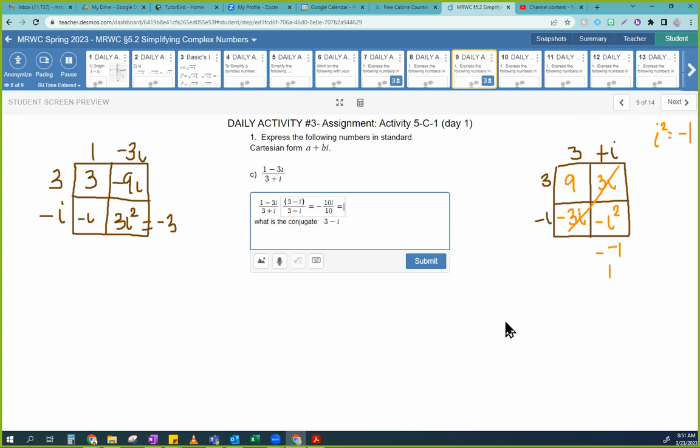If you don't see it, that's okay. But just start training your eyes to see what you should see here. What you should see is, Miss Johnson, I see a 10 and a 10. So I'm going to divide out here, and I can because they're both factors. So 10 divided by 10 is 1. So my answer is negative i. That is my final answer, negative i.